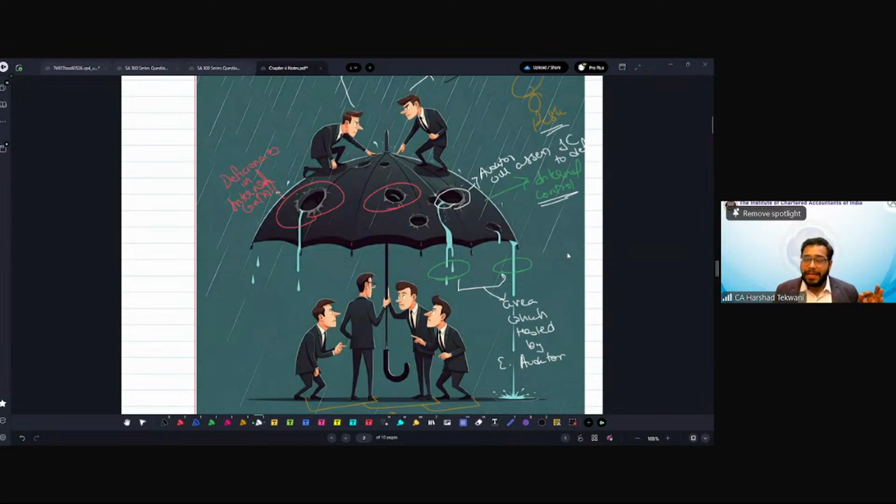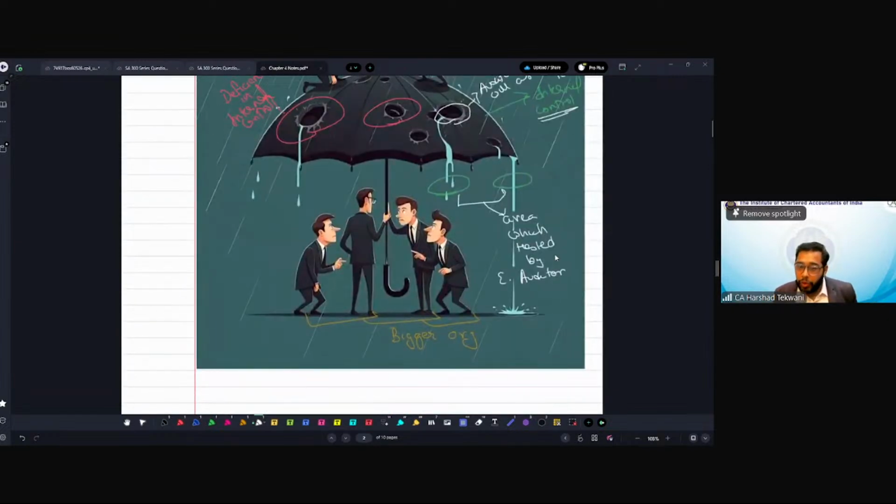Once he assesses the internal control to identify the deficiencies, he comes to know about the areas where the internal controls are not working effectively. For that, he will be testing those areas in a detailed way, meaning substantive testing. I call it below the umbrella testing, meaning I'll see from where the risk is flowing, where the internal controls are not able to stop it, and I'll test those areas to understand whether there is a material misstatement or not.